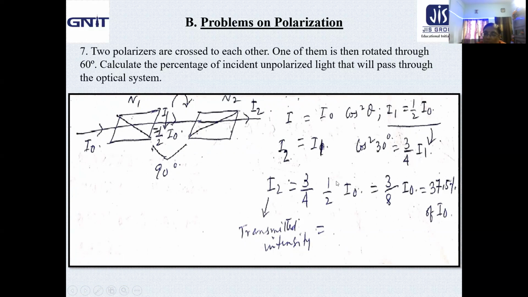Now I1 equal to half I0. So what we are getting? 3 by 8 into I0. This 3 by 8 into I0 is nothing but 37.5% of I0. That is the percentage of light which will come out of the system. That is I0 and final intensity is I2.